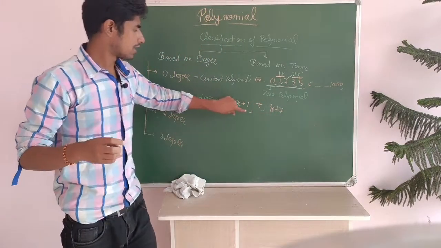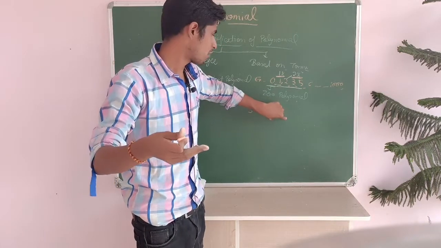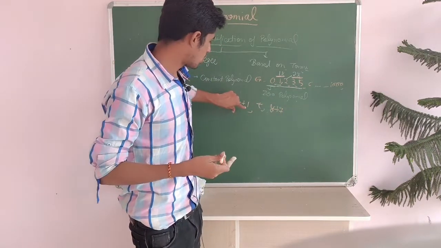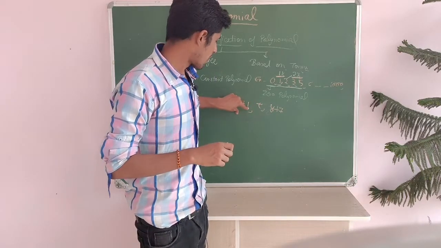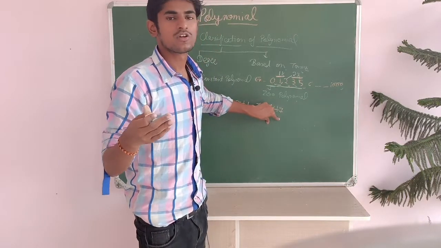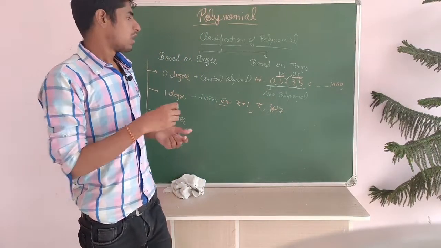Here the highest power is 1, so all these are linear polynomials, because their degree is 1.